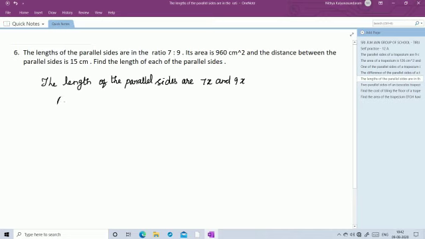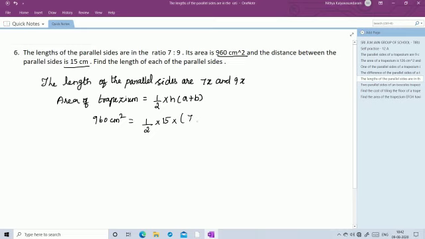Area of trapezium is equal to half into h into a plus b. So area is 960 centimeter square and the height is the distance between the two parallel sides, which is called height. So height is 15 centimeter. Substitute: 960 is equal to half into 15 into 7x plus 9x.